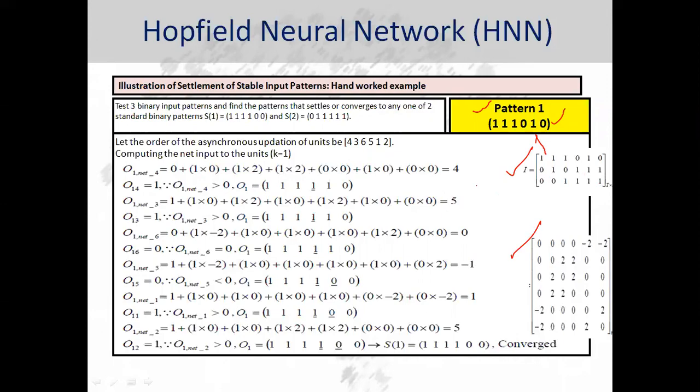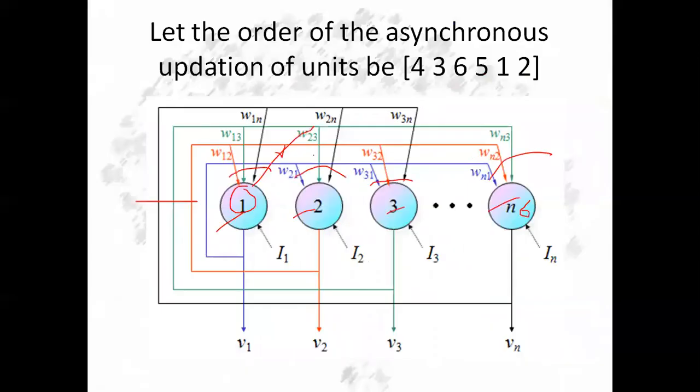We know the input, we know the weight. The next step is to calculate the net input at a neuron. So in the order, the fourth one has to be picked. Let it be neuron number 4. We have to calculate the net input coming at this neuron.